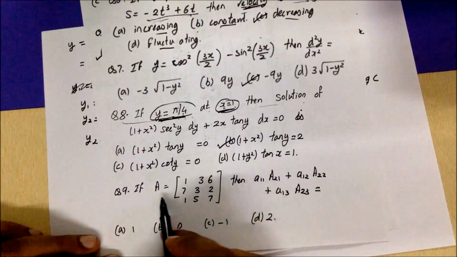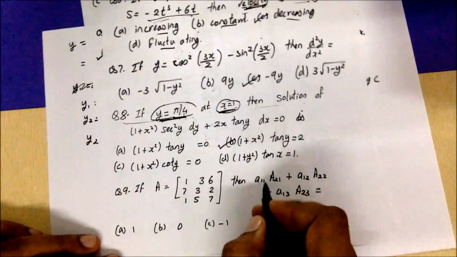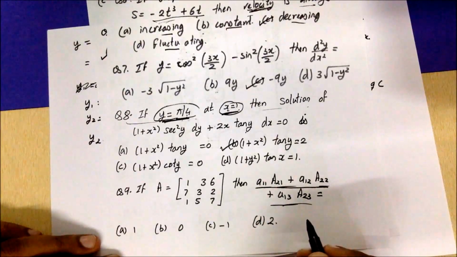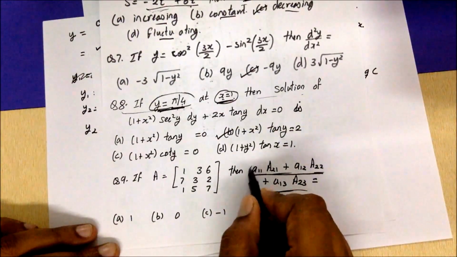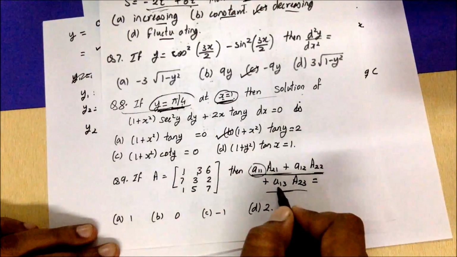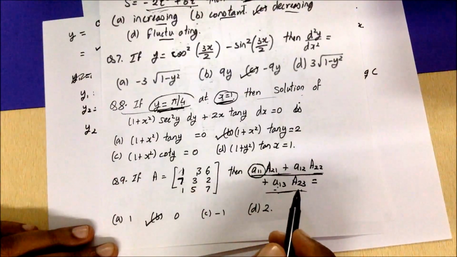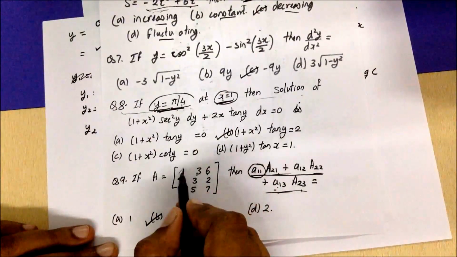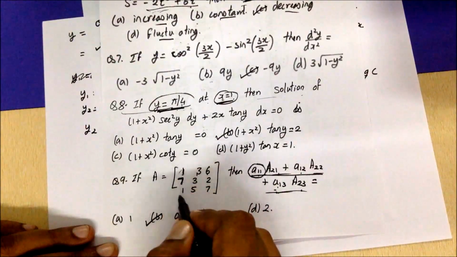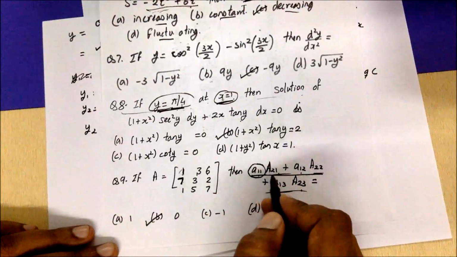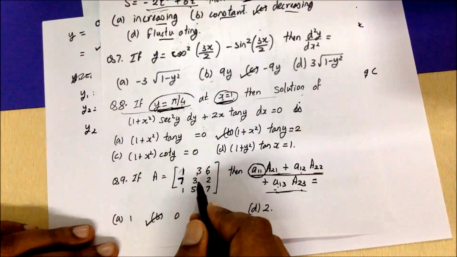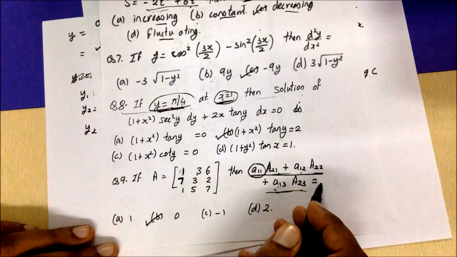Moving to the last one, we have this matrix which is given to me and I have to find these terms. This is a pretty standard problem wherein you have the terms, that is A11, which is this one, A12 is this, and A13 is this. What you have to remember in this case is that if the terms are from the same row or column, and the corresponding cofactors which are asked in the product are not from that particular row or column, then that value is going to be 0.